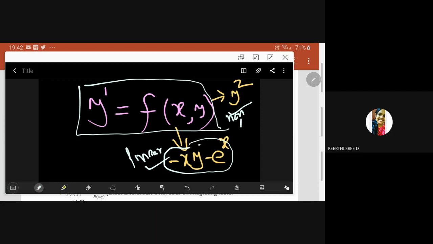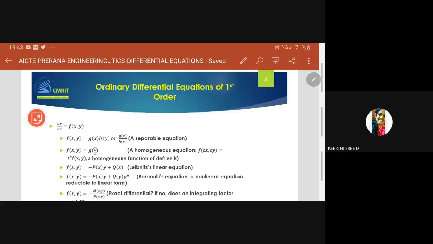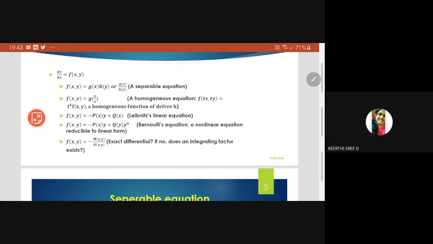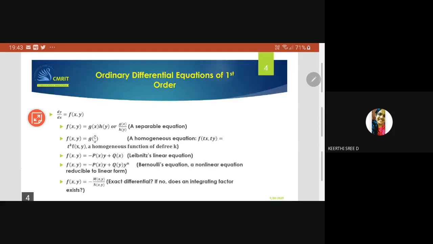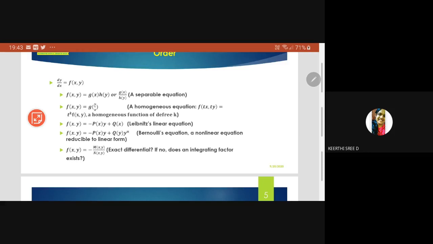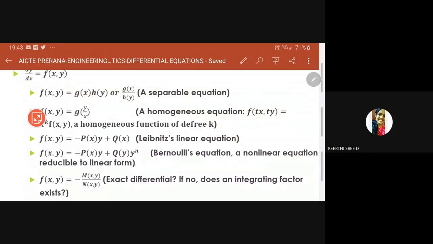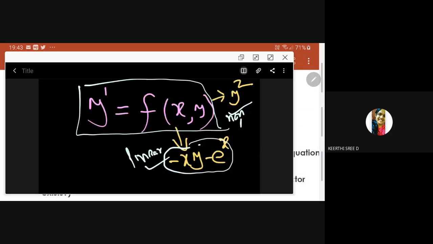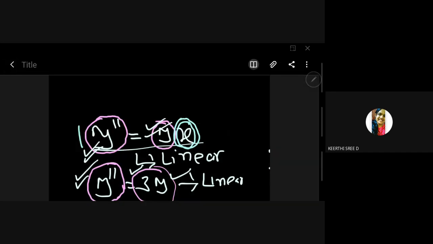So what I mean to say is, now see, if you look at this slide, f of x, y is our ordinary differential equation of first order. But see here how I am categorizing these things.